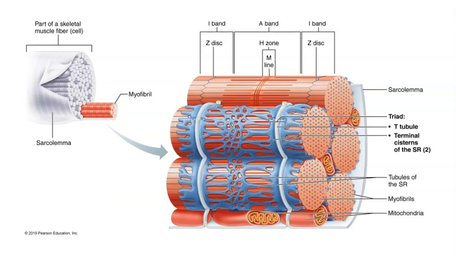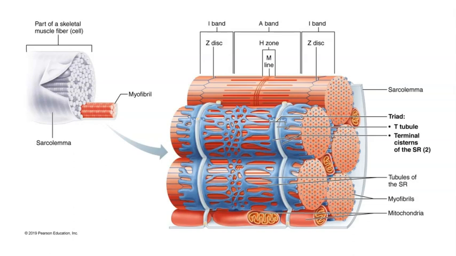So also what we see is that the sarcoplasmic reticulum expands a little bit at the ends where it butts up against these tube-like structures that are called T-tubules. And T-tubules are small little tunnels of the plasma membrane that extend down to the myofibrils.